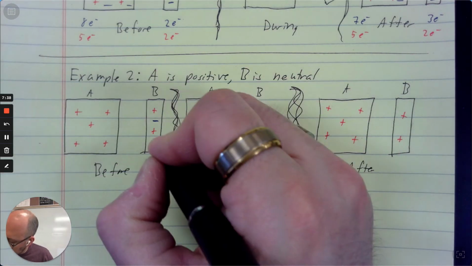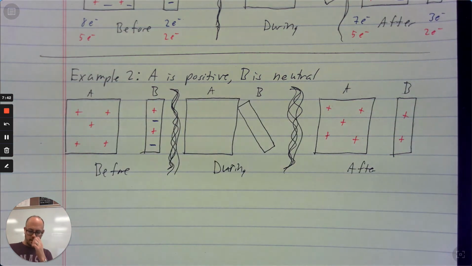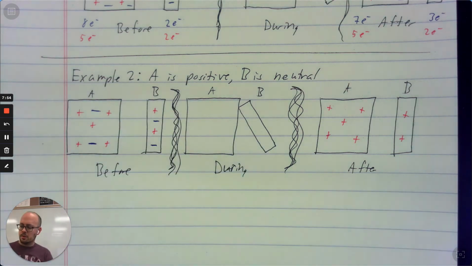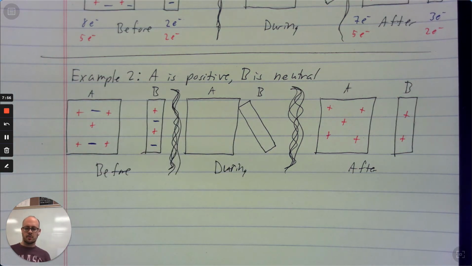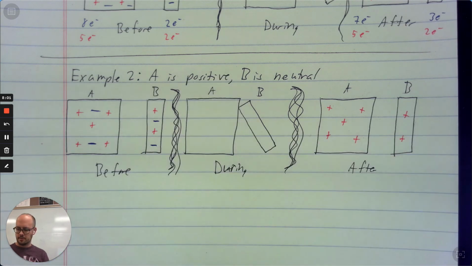I can put the same 2 electrons in there. And so I'm going to have to make a decision here, but what I'm going to do is make A very positive. So we're going to just put 2 electrons in A. So now the positives outnumber the negatives, which means A is positive. So that's my before picture.